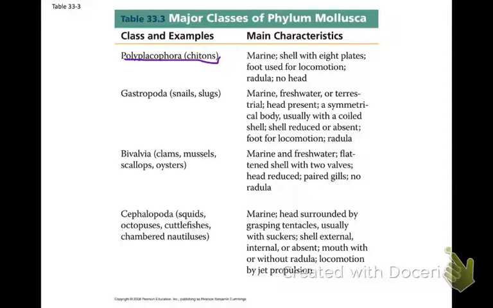The next class would be the gastropods, which would include things like the snails and slugs. So they have a head with antenna and fairly well developed eyes, and they usually have a coiled shell, and the coil in that shell is produced by a developmental process called torsion.